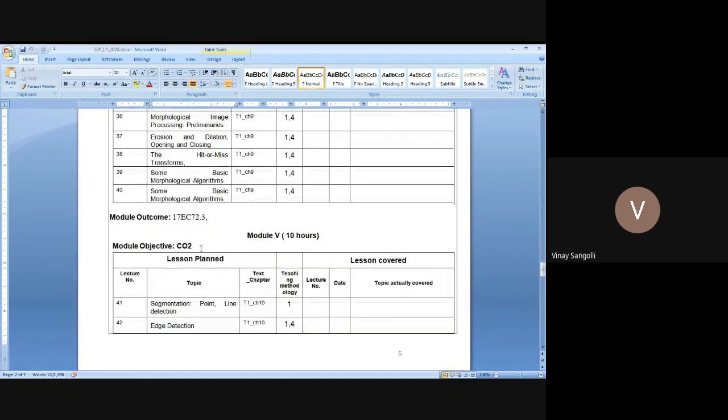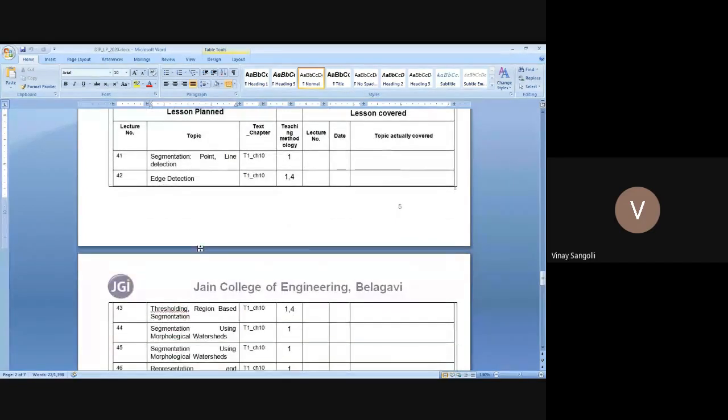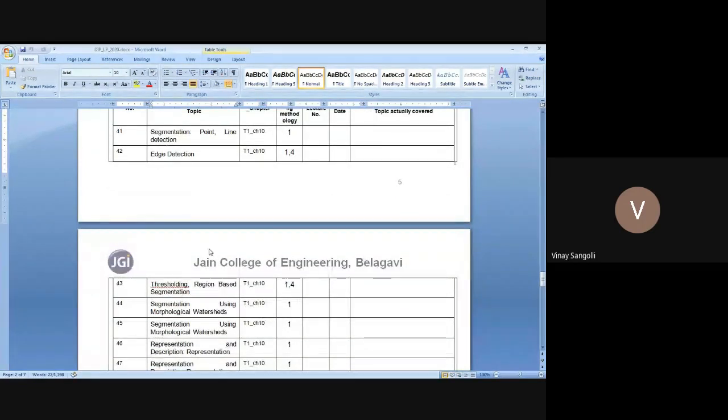And finally, going to your last module, which is module number 5. Here we'll try to do your edge detection. Edge detection becomes very important. We need to know what actually this edge detection is. As I just now told you, edge detection is one such thing wherein you can filter out your image.